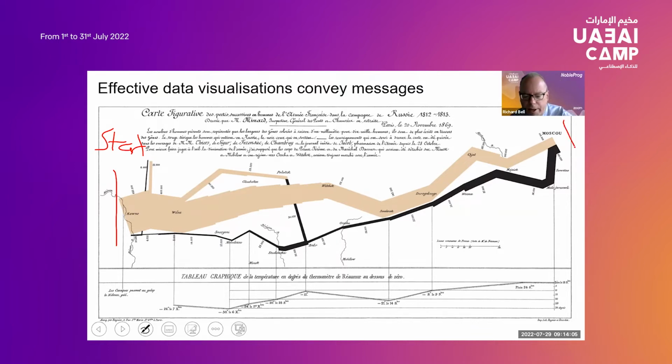The return is the black line. The thickness of the line represents how many people were in the army while they were either going to Moscow or returning from Moscow. What can you see in terms of the number of people that returned from Moscow? Does it look like many or few?